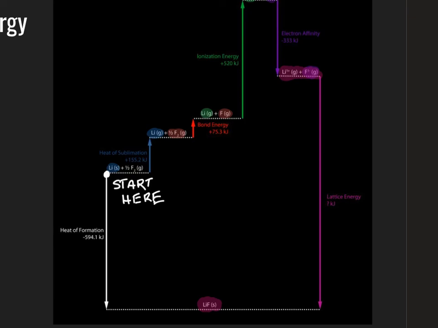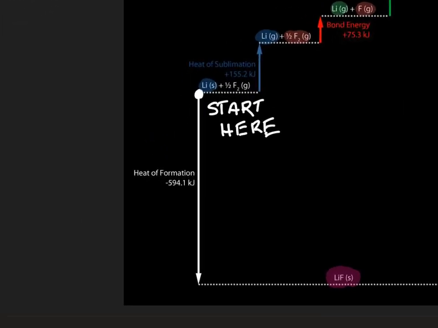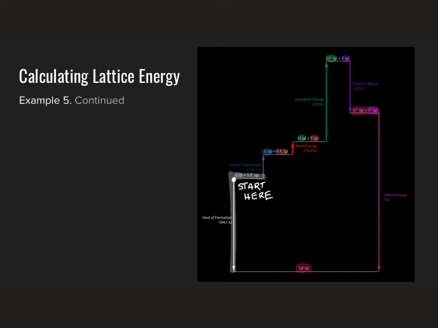To figure out what that unknown value actually was, we're going to swing back around to the left side of our diagram and note that the other way we could have described that process of going from lithium solid plus 1/2 F2 gas into lithium fluoride is simply via the heat of formation. That was the same overall resulting reaction as the sum of the individual steps of the heat of sublimation, the bond energy, the ionization energy, the electron affinity, and lattice energy.